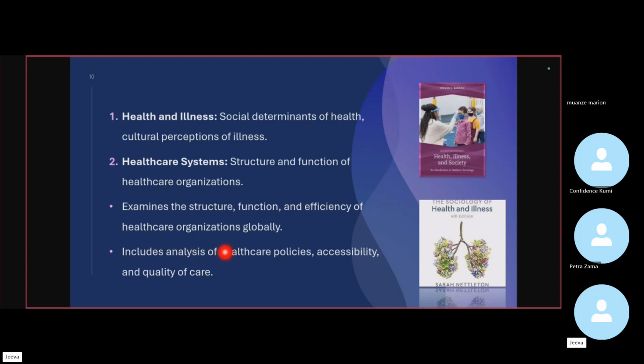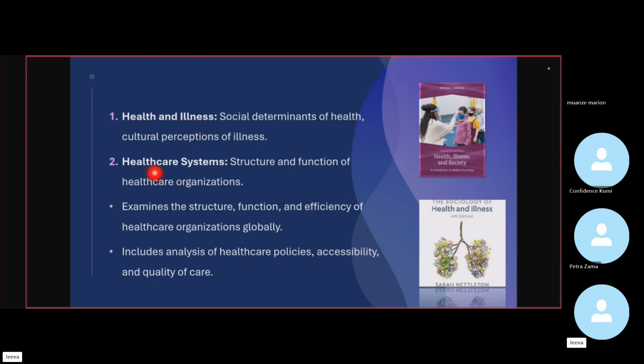This also includes the analysis of the various healthcare policies and accessibility, like whether in rural areas there is medical accessibility and quality of care. All these things will be looked after by medical sociology. So medical sociology looks at the different health determinants as well as the different illnesses.